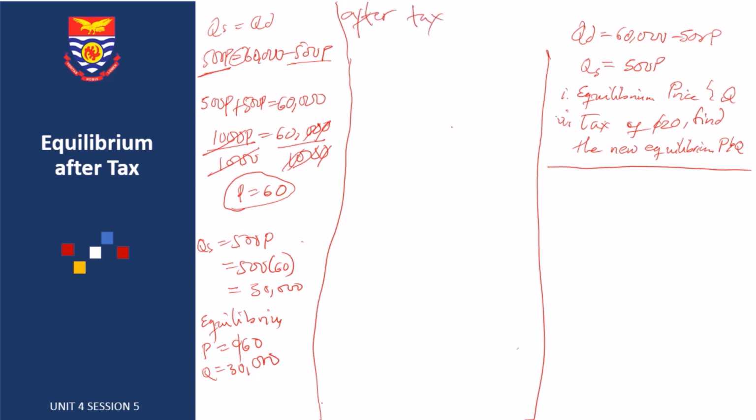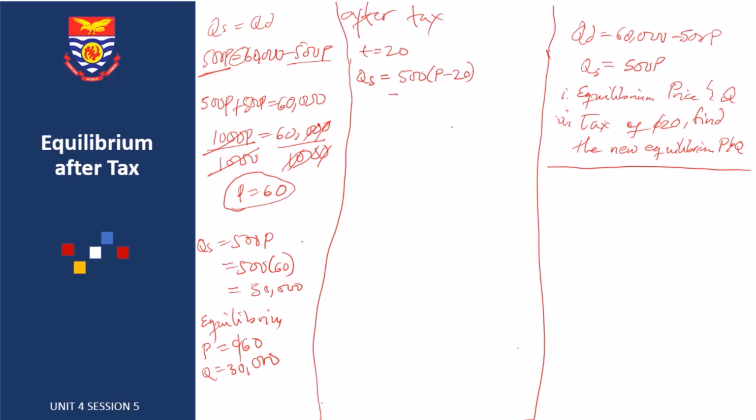After tax, what happens? Now T was equal to 20. So after tax, QS now becomes 500. We have to subtract the tax from the price, so it will be P minus 20.